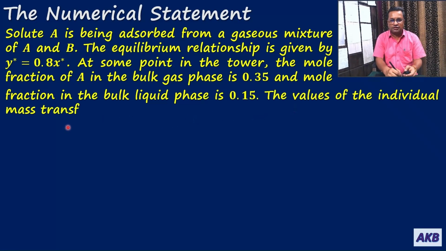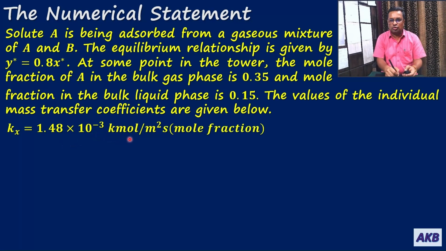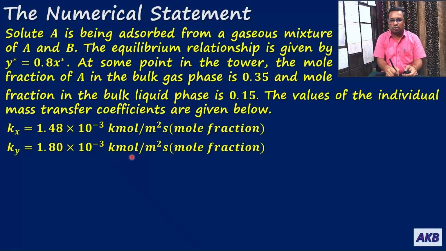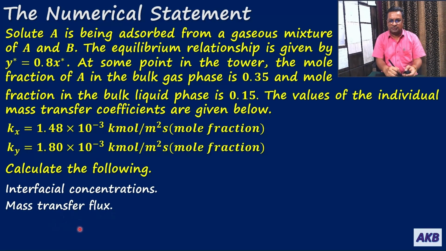The values of individual mass transfer coefficients are given below. Kx is 1.48 into 10 to the power minus 3 kilomole per meter square per second per mole fraction, and Ky is 1.80 into 10 to the power minus 3 kilomole per meter square per second per mole fraction. Based on this data, we are supposed to find the interfacial concentrations and then the mass transfer flux.